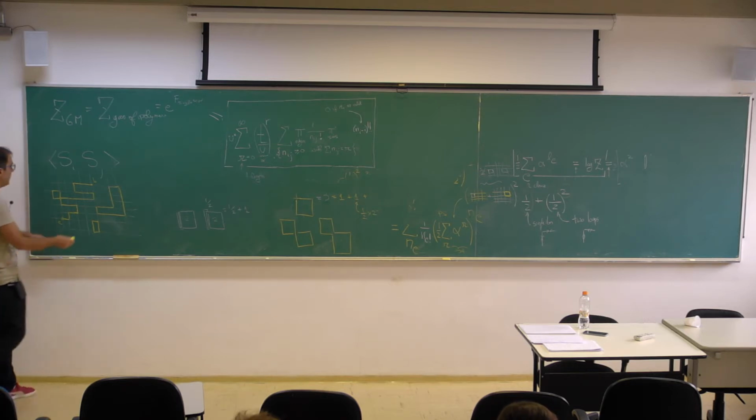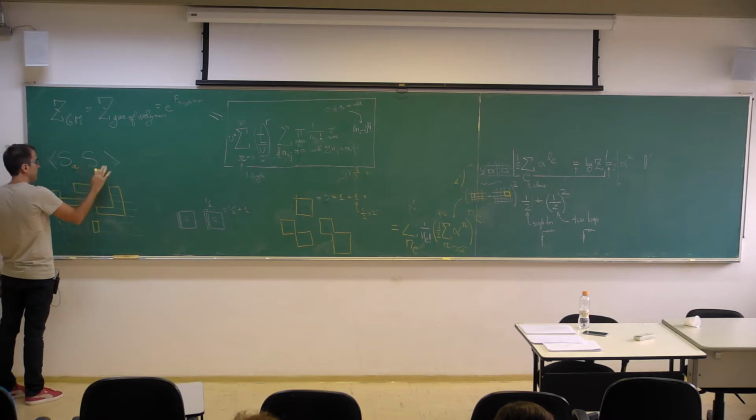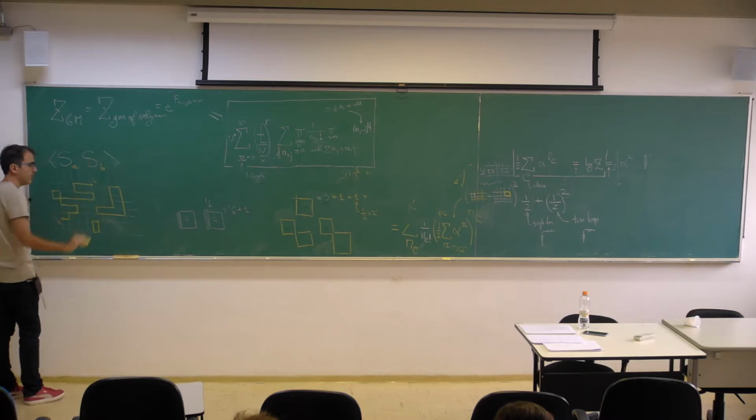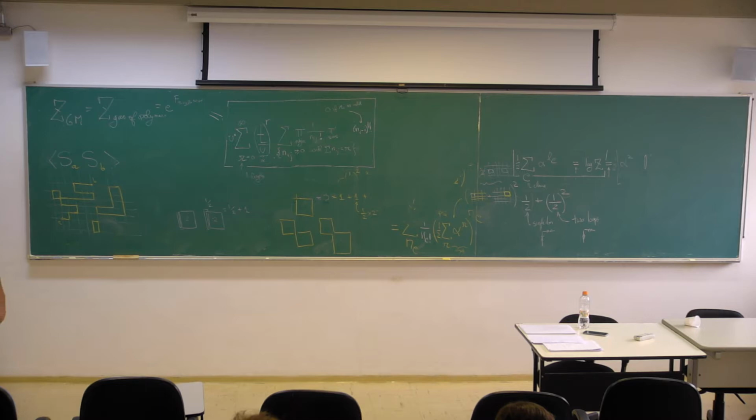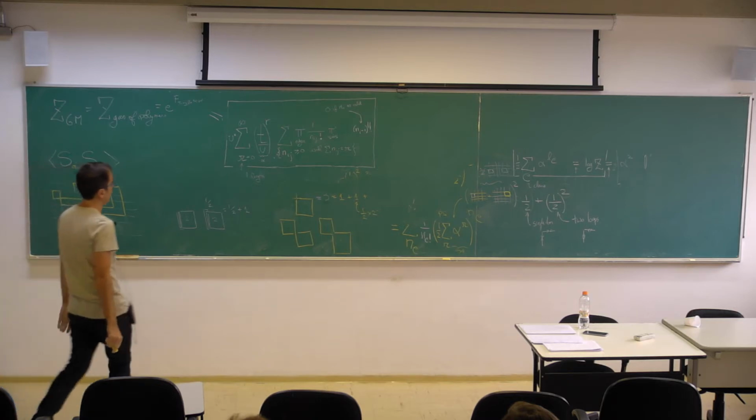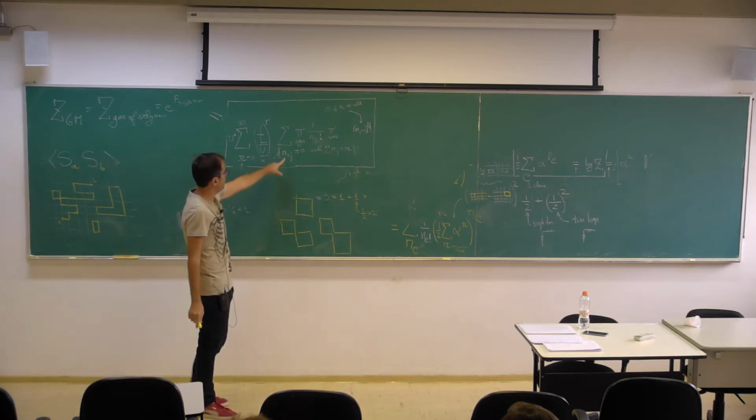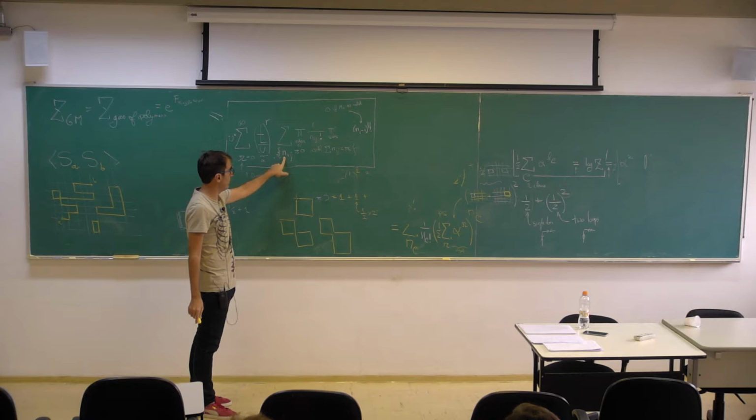So I called it A and B, so let me put here A and B. So what will change in that formula? So, this statement that I sum over this type of configurations is true.